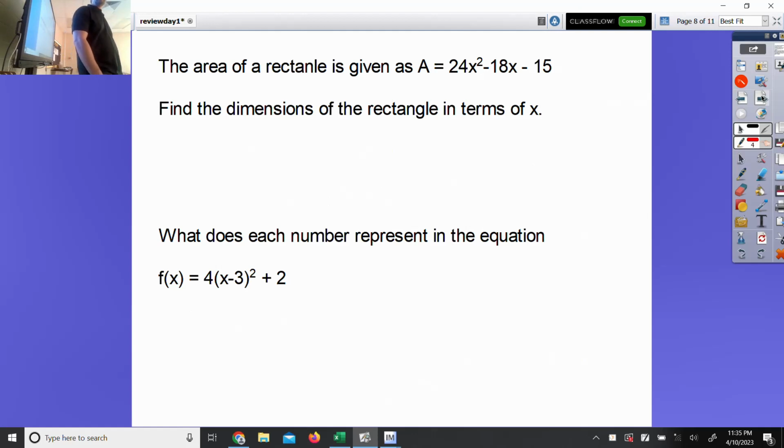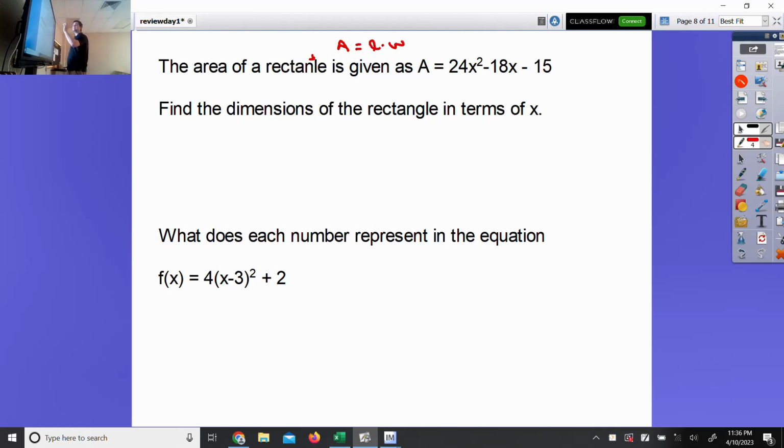The area of a rectangle is given as A equals 24x squared minus 18x minus 15. Find the dimensions of the rectangle in terms of x. This is meant to be something that you factor. I know that the area of a rectangle is length times width.